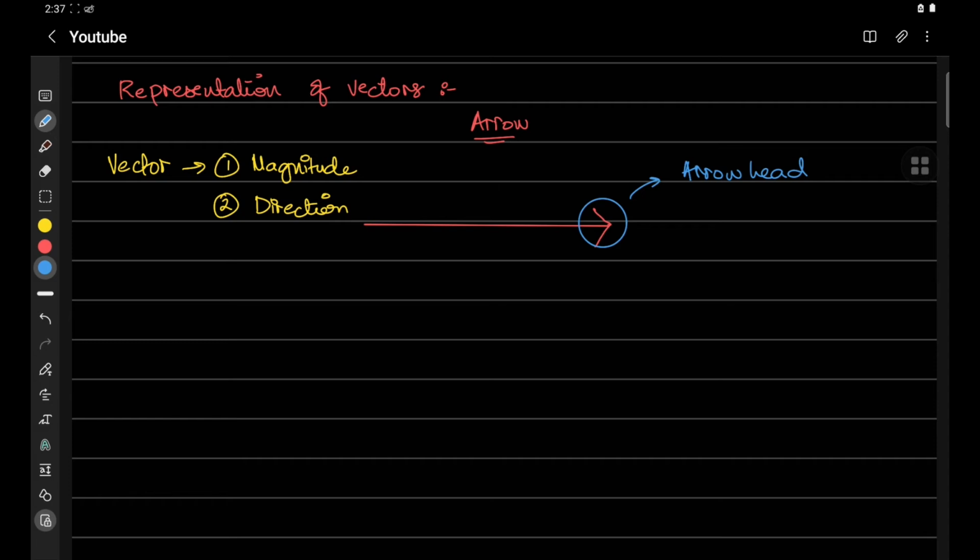So the arrowhead will help you make sense of the direction, all right? And the size or the length of the arrow would help you decide the magnitude, which is how big or small that certain vector is, right?